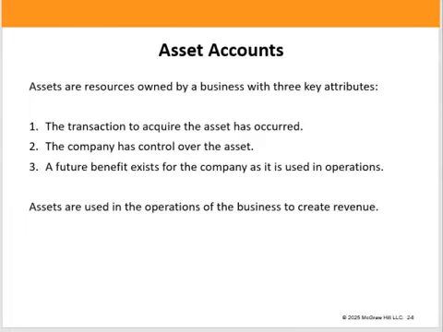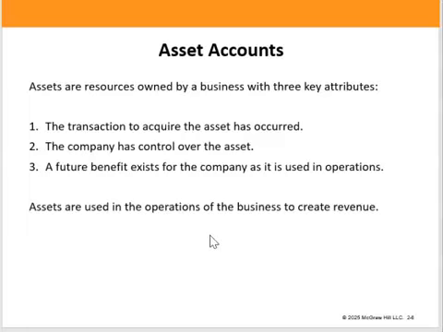Okay, so let's start with assets. Assets are resources or items owned by a business with three key attributes. The transaction to acquire the asset has happened. Okay, so we haven't just thought about or talked about buying that truck. We actually bought the truck.